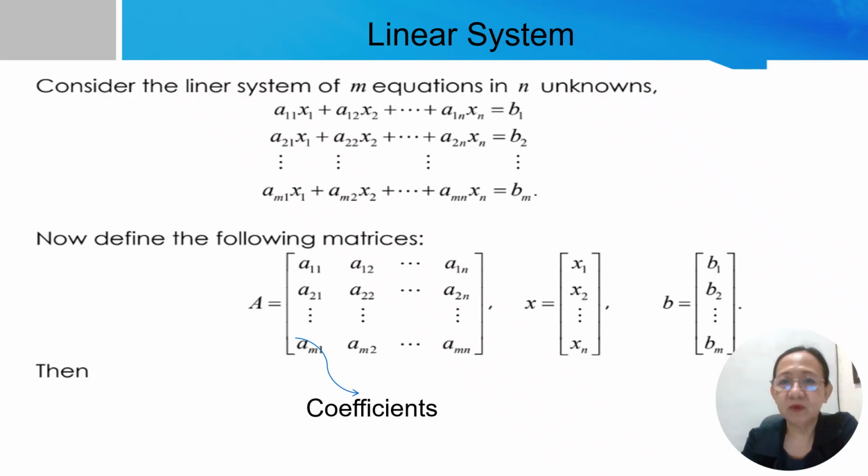Now, collecting all the variables represented as x sub 1, x sub 2, up to x sub n, these are the variables. And of course, the constants are b sub 1, b sub 2, up to b sub m. Here we have the representations of linear systems, collecting all the parts: coefficients, variables, and the constants.